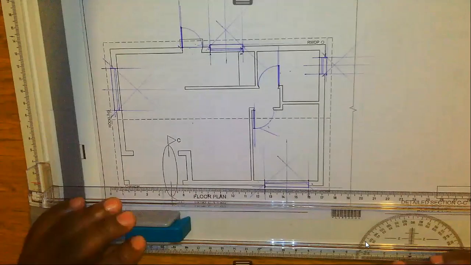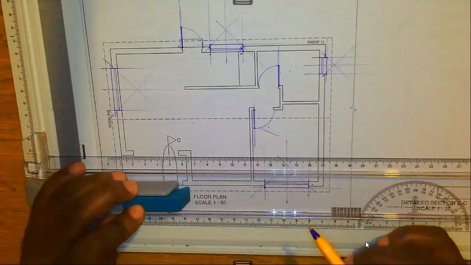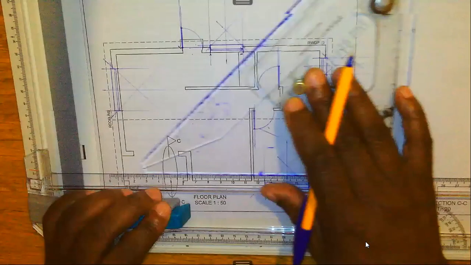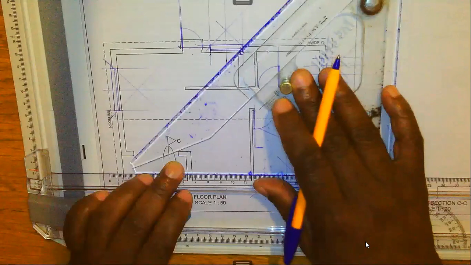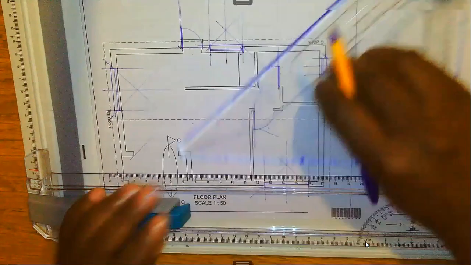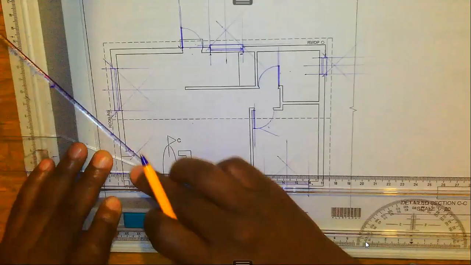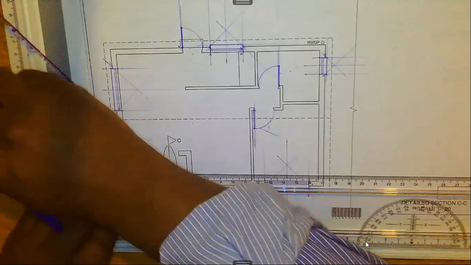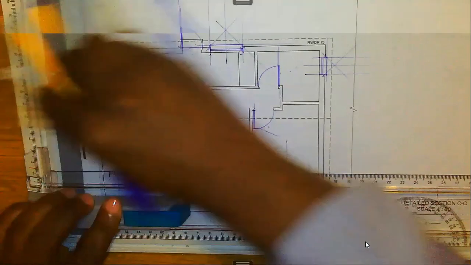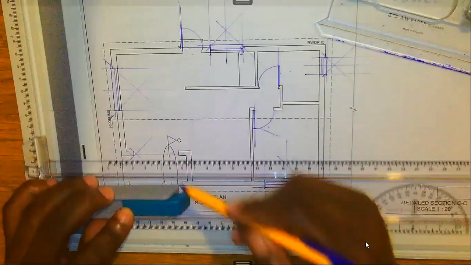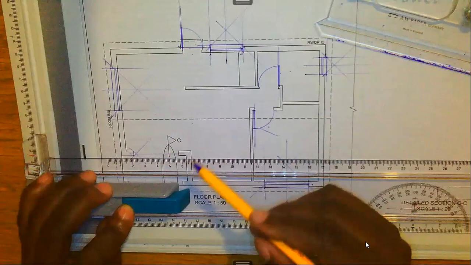So I'm going to miter this, just one side, it's enough. And also miter there. Then draw a line like that all the way. It should be right in the middle, slightly offset, but that's fine.